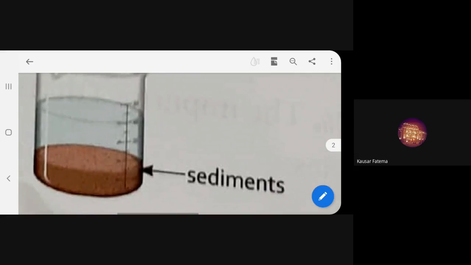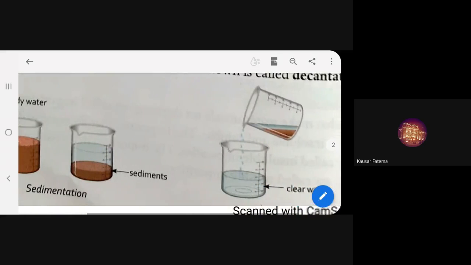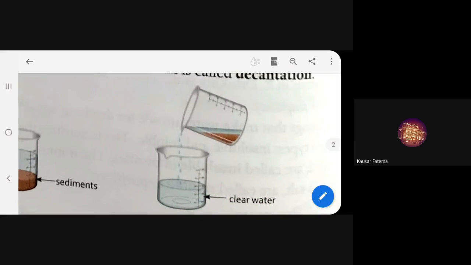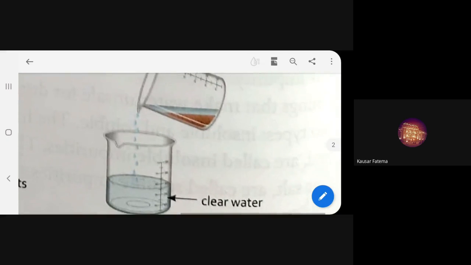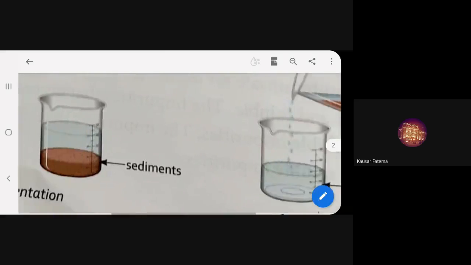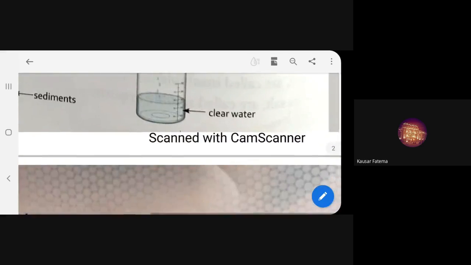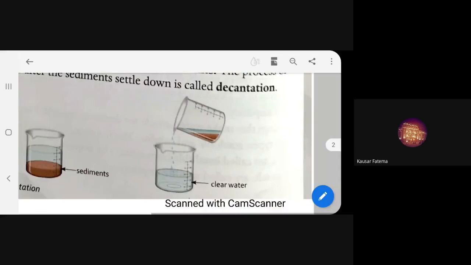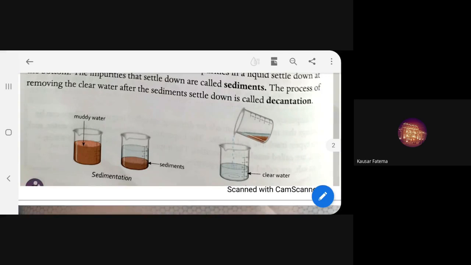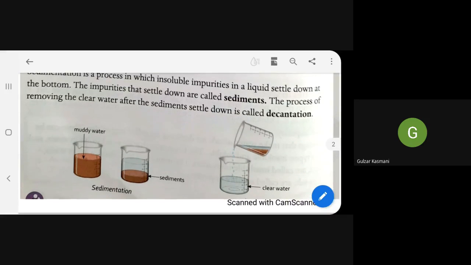If we slowly take the clear water into another beaker, and the dust particles remain as they are inside this beaker, then this method is known as decantation.